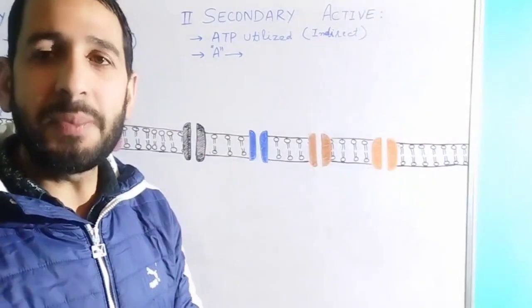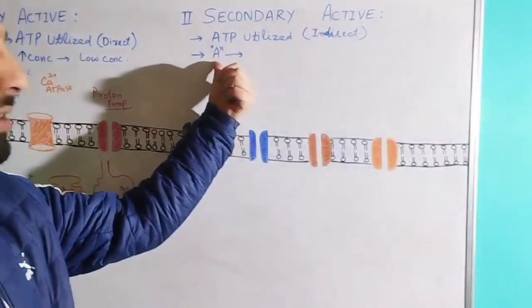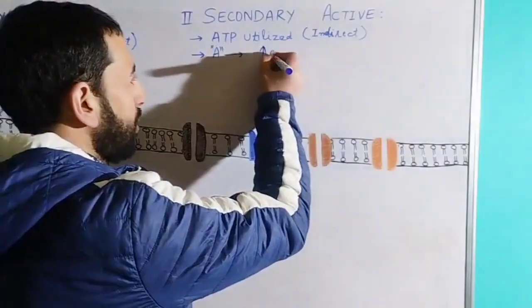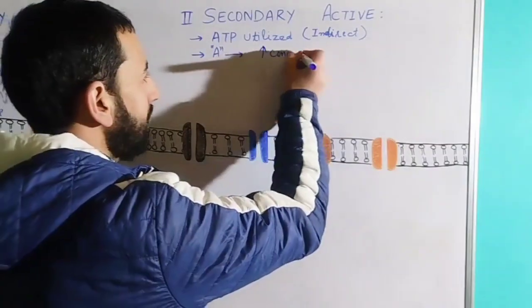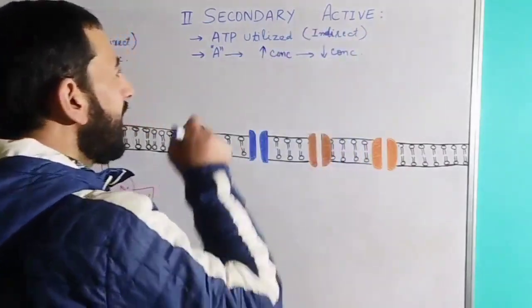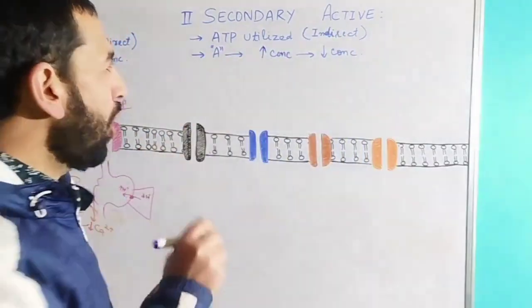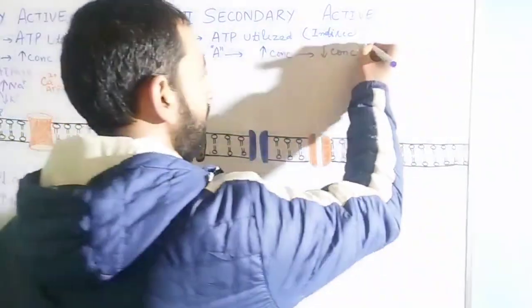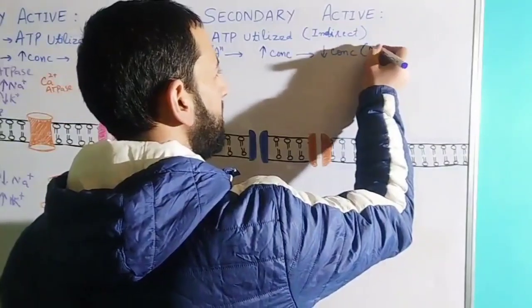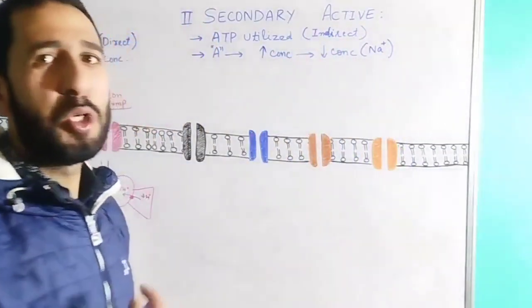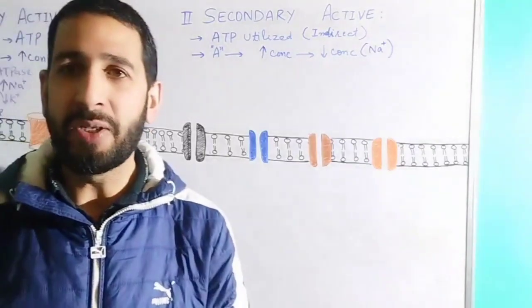So the first substance, substance A, will be transported from high concentration to low concentration. And remember that substance A is almost always going to be sodium, which will be transported from high concentration to low concentration in the secondary active transport.